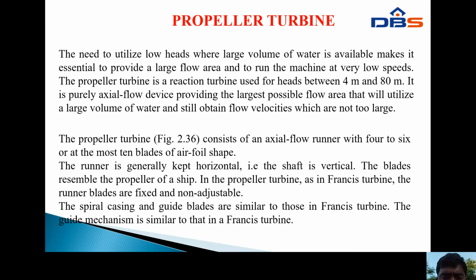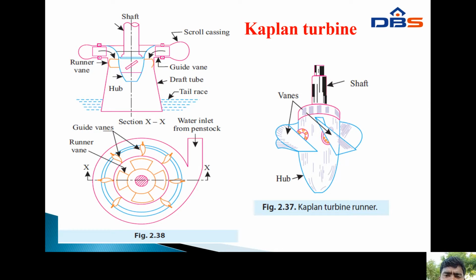The spiral casing and guide blades are similar to those of the Francis turbine, and the guide mechanism is the same. The Francis turbine, Kaplan turbine, and propeller turbine are all reaction turbines, while the Pelton wheel turbine is an impulse turbine. Propeller turbine means Kaplan turbine.